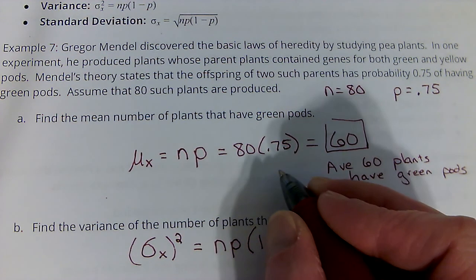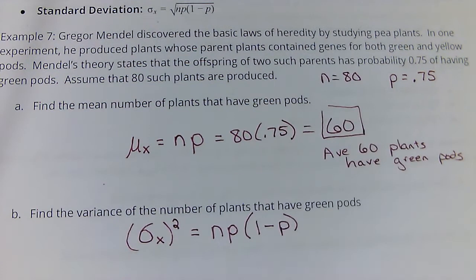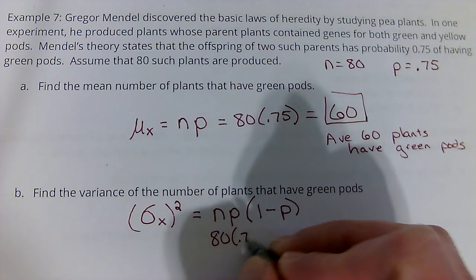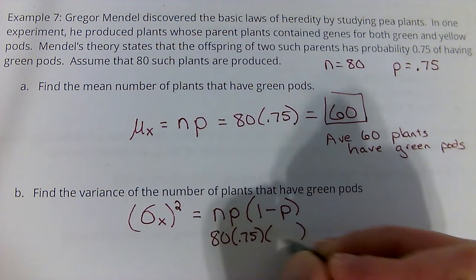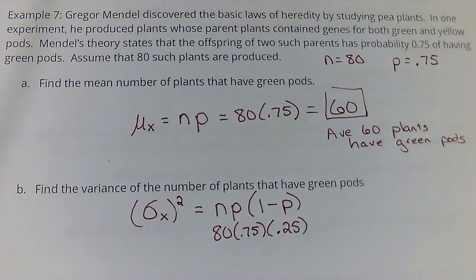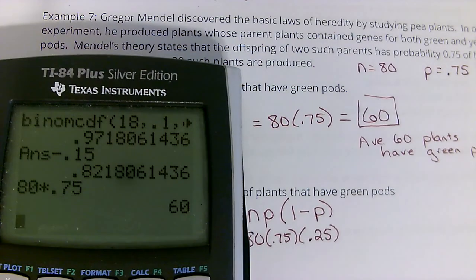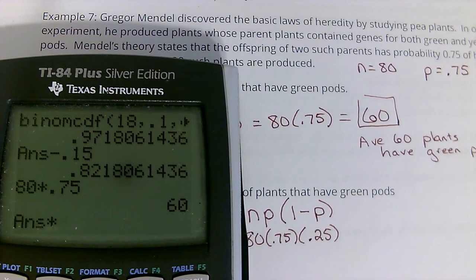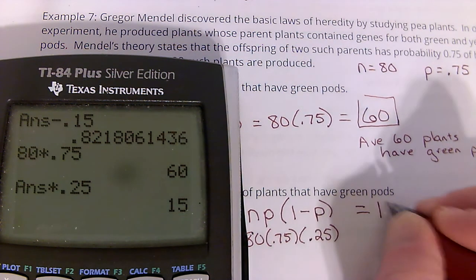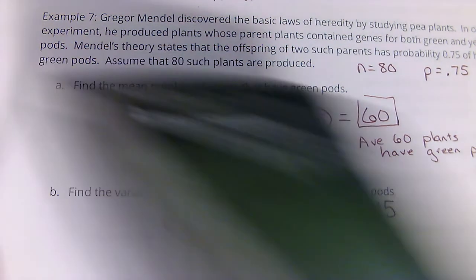Well, 1 minus p means I'm just going to take 1 minus 0.75. So I've got the 80 times 0.75 times 0.25. Well, I already did the 80 times the 0.75, so now I just need to multiply by 0.25. The variance is 15.